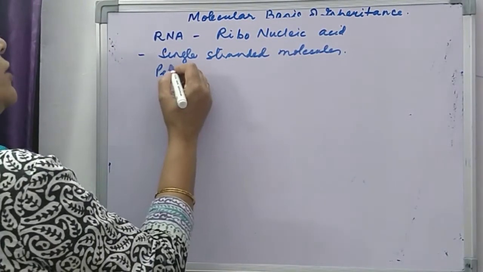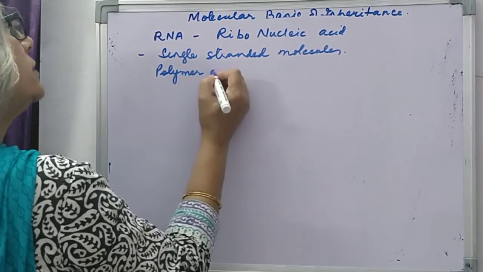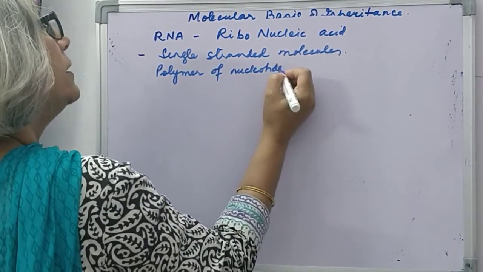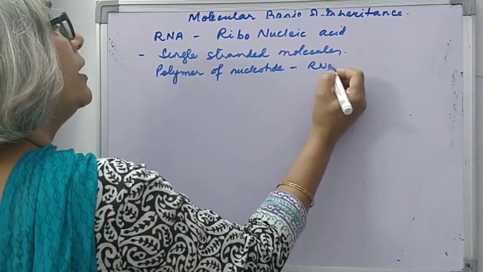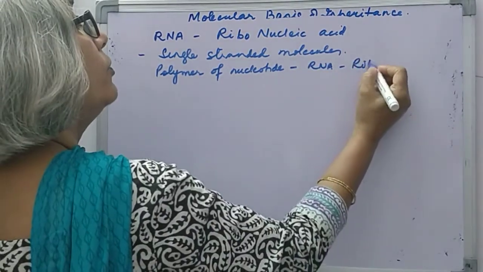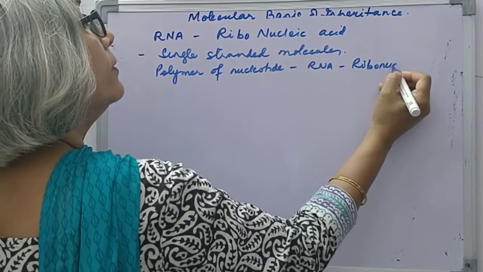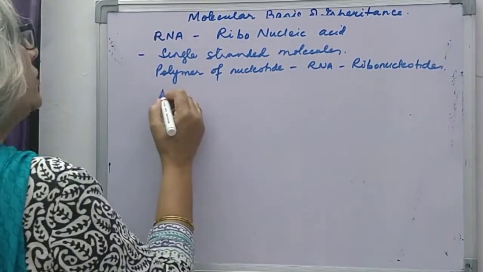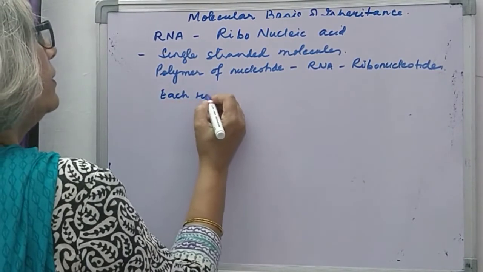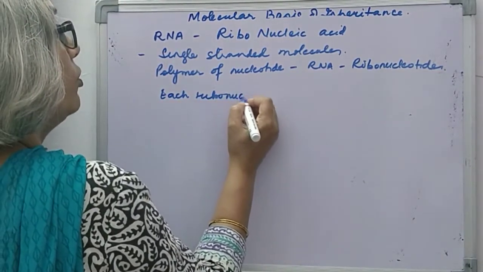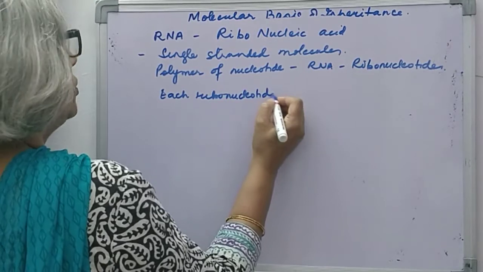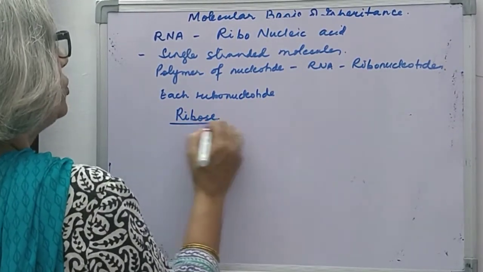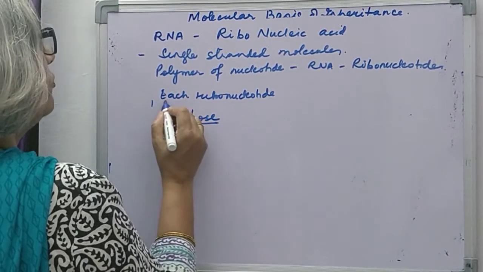It is a polymer of nucleotides, and the nucleotide in the case of RNA is called a ribonucleotide. Each ribonucleotide is composed of a sugar, and the sugar is ribose sugar.